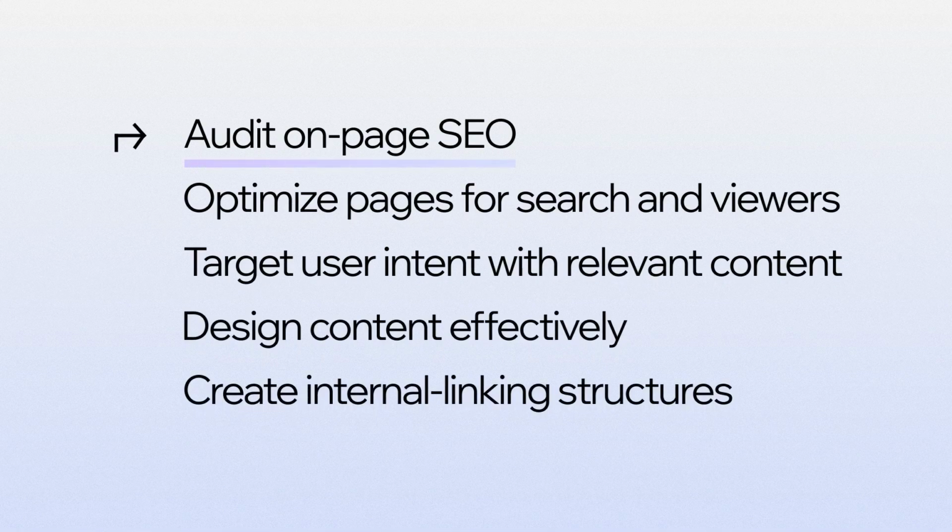We looked at how to audit your on-page SEO and recognize core opportunities for improvement, how to optimize pages for both search engines and viewers, how to target user intent with different types of content, how to effectively design content to make it accessible, crawlable, and indexable, and how to present the content with design and internal linking structures. Now you're ready to put all of these tools to work on your client sites. And once you watch all of the other modules in this course, you'll be set up as an authority on SEO for all of your clients.